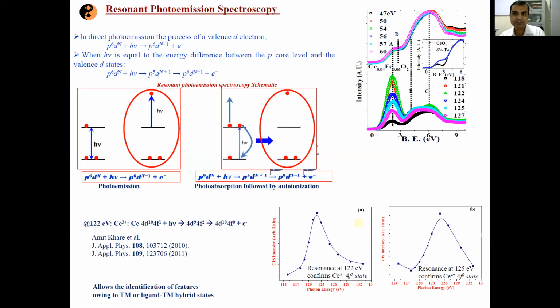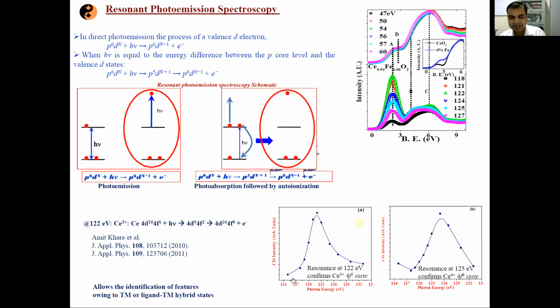Another important thing is that just by looking into the profile of the intensity with respect to incident photon energy, which is also called the constant initial state plot, CIS plot, one can also get an idea whether there is a hybridization of the transition metal element with the ligand or not.